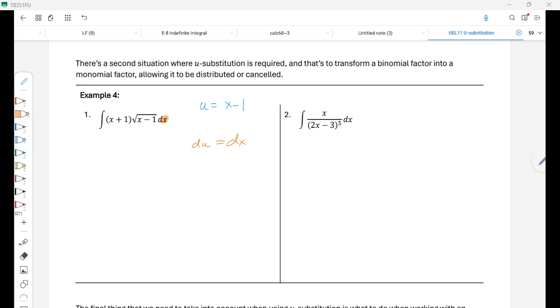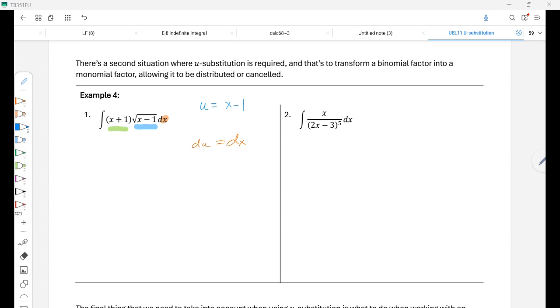I know I can make this u, but I don't know what to make x plus 1. That's not hard. Let's do green. All I'm going to do is transform x minus 1 into x plus 1.